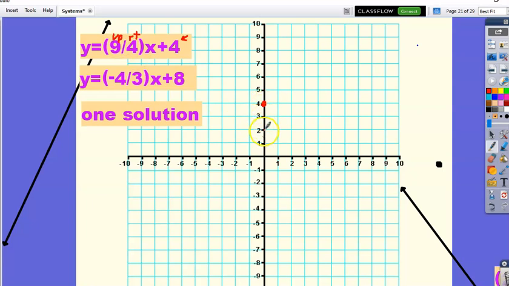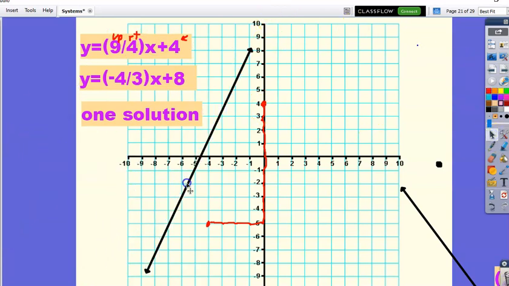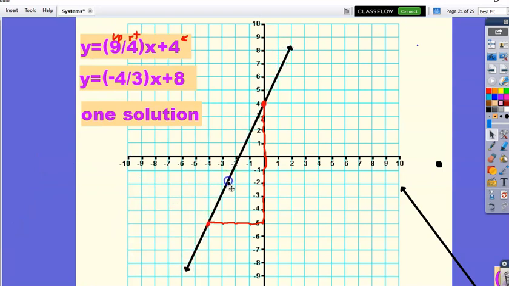Down 1, 2, 3, 4, 5, 6, 7, 8, 9, and left 1, 2, 3, 4. I had to go down and left because I needed to do the complete opposite, since that was going to go off the graph. So here's my line that's going to cross through those 2 points.